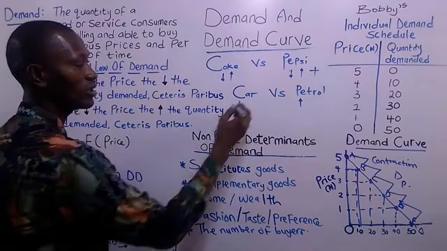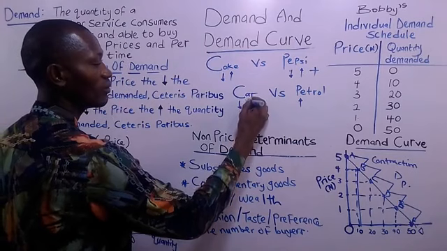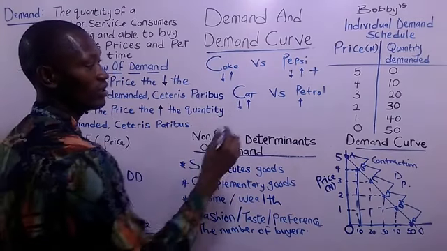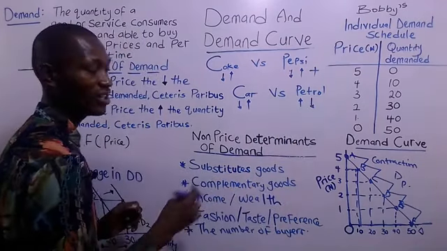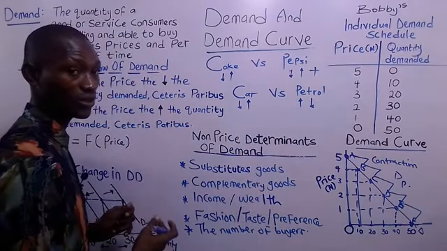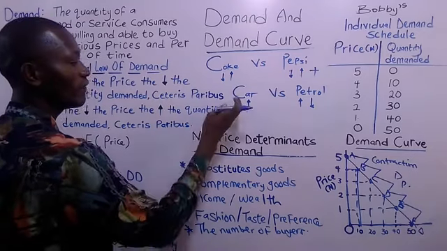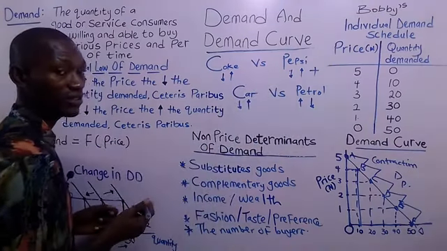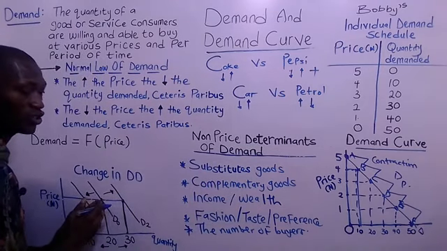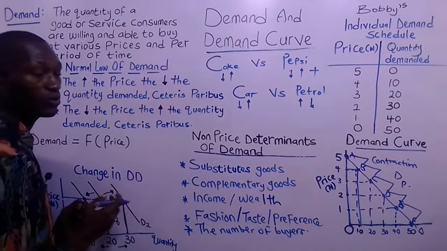On the contrary, when the price of car rises, ceteris paribus, that will lead to a fall in the demand for petrol. So a fall in the price of car will lead to a rise in the demand for petrol, and that will shift the demand for petrol to the right.